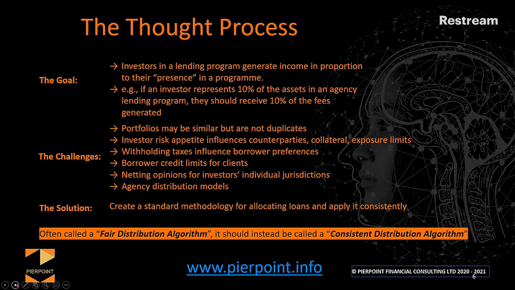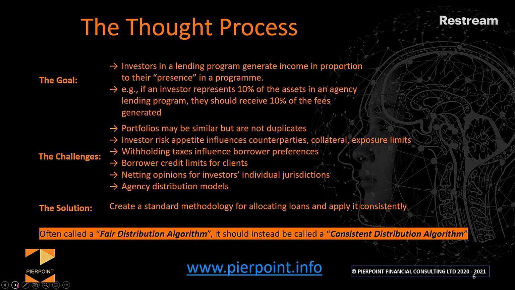So if you can't offset them, then that means that credit limit usage is much bigger, means that it's much more expensive to trade with an investor that has a poor netting opinion or no netting opinion for their jurisdiction. So that's a critical factor. It doesn't cover that many markets, but it does cover some very big markets where some very big investors are located. And so it potentially has an impact on lending revenues and opportunities.